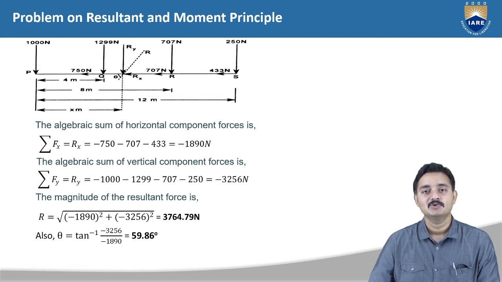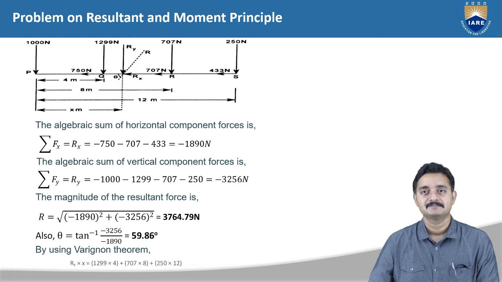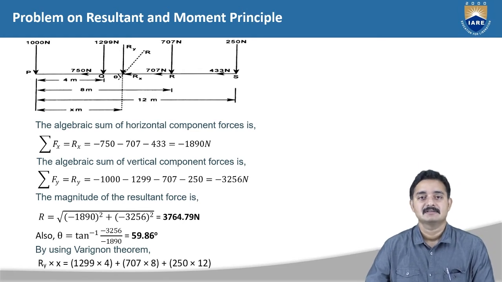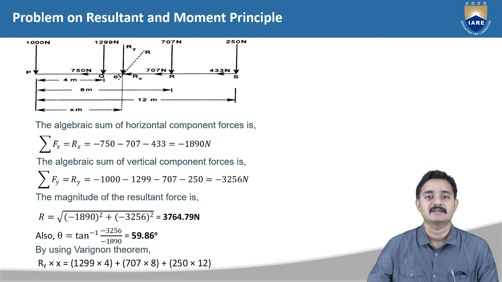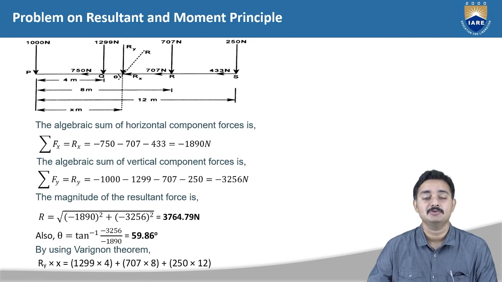Now for finding the position of the resultant, we will use the Varignon theorem. Taking moments about P implies Ry into x is equal to 1299 into 4 plus 707 into 8 plus 250 into 12.